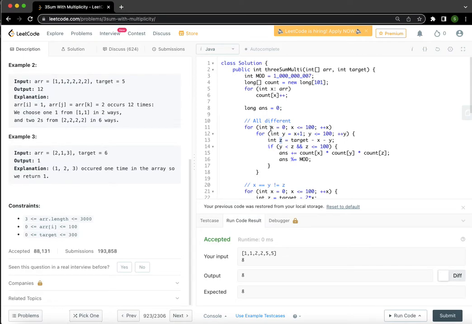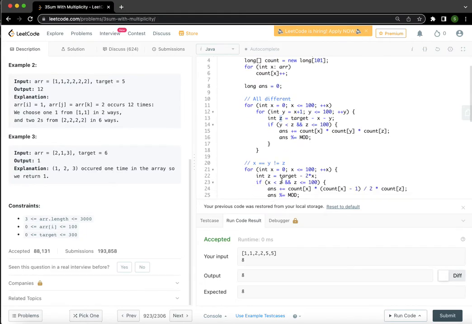So by the mechanism of these two loops, and z being target minus x minus y, this program makes sure that we are looking at the right combination, and not something which does not add up to the target. So that's what it does.